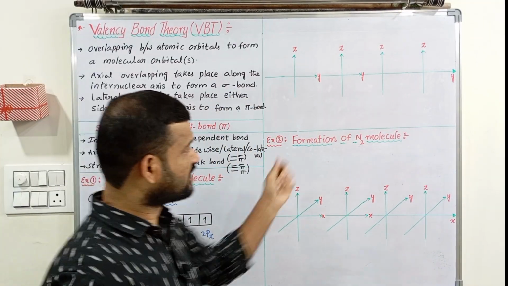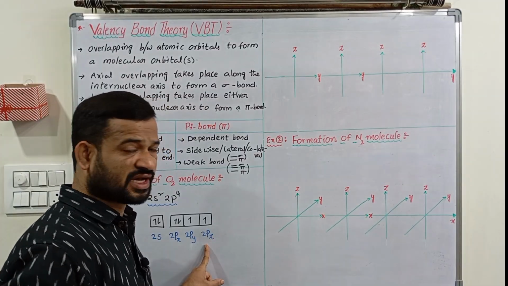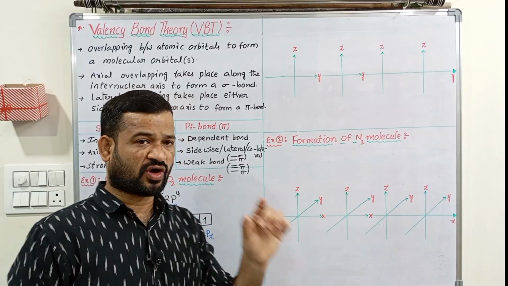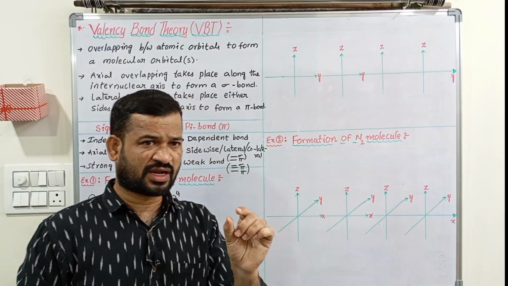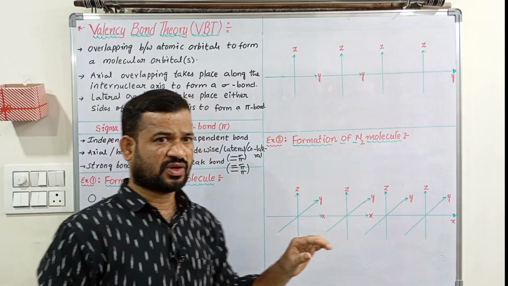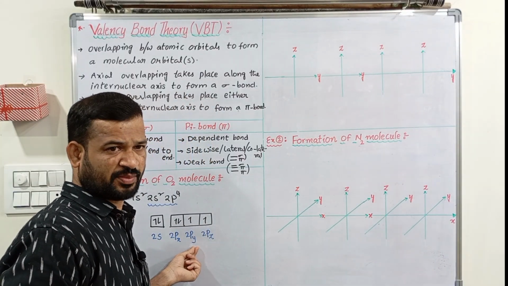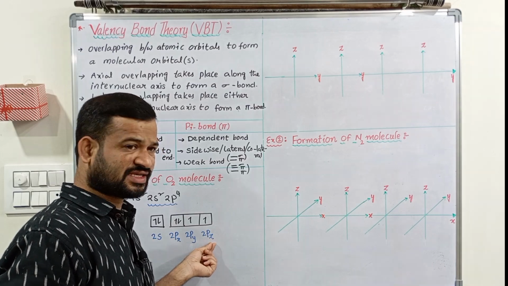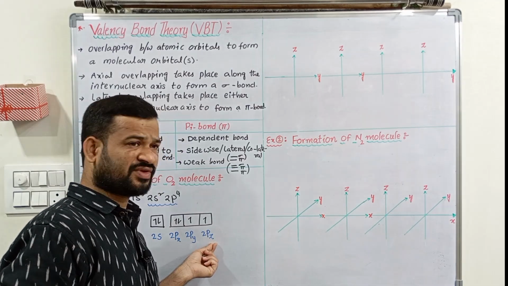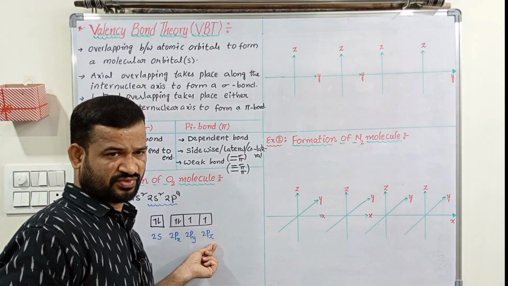If we take the internuclear axis as the z axis, between pz orbitals a sigma bond will be formed. So the formation of a sigma bond and pi bond depends on the internuclear axis. If we take the y axis as the internuclear axis, axial overlapping occurs and that is the sigma bond.